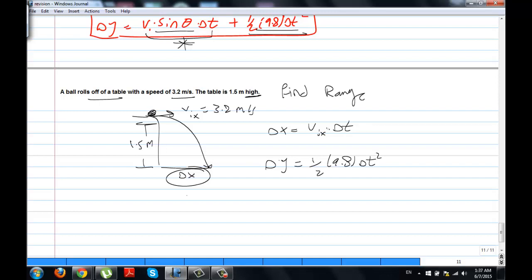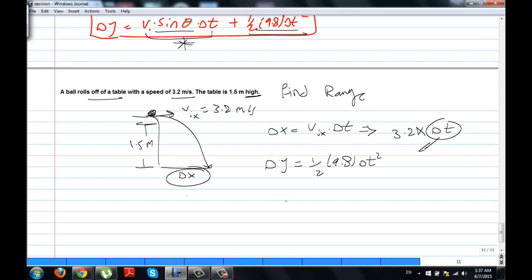So vix delta t, I need the range, so logically speaking, I will follow this one. Delta x is equal to vix, which is 3.2, multiplied by delta t. I cannot substitute the delta t yet, so I have to keep it here and find the delta t from the other equation.